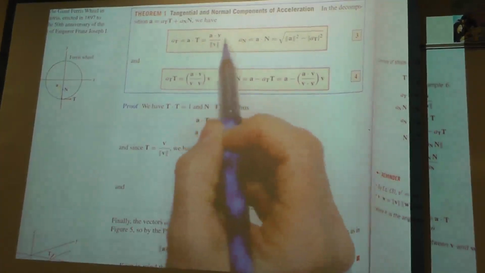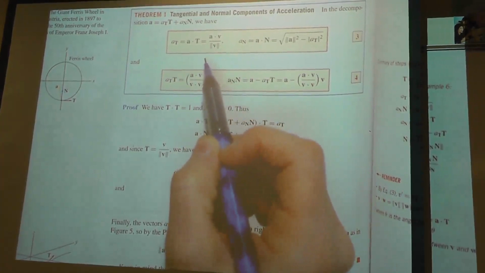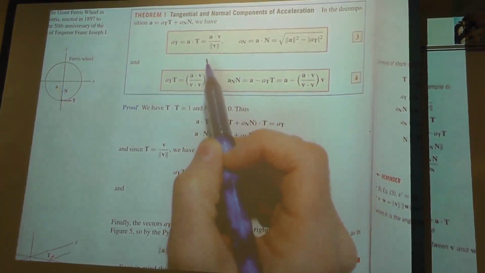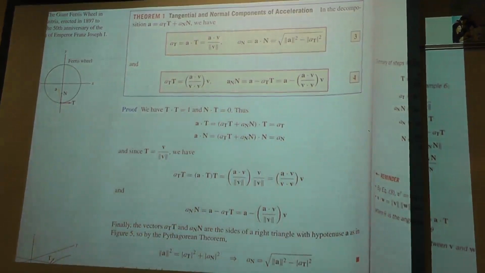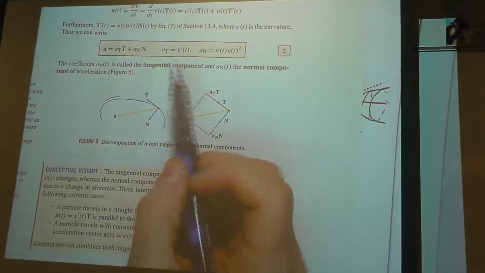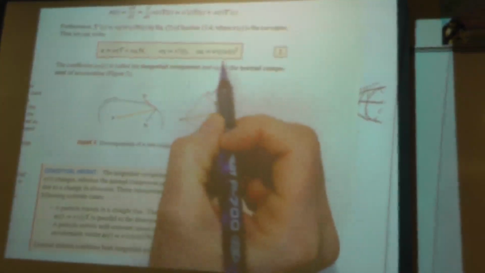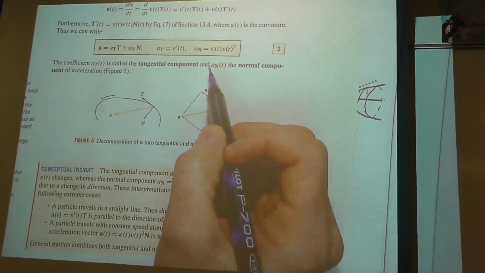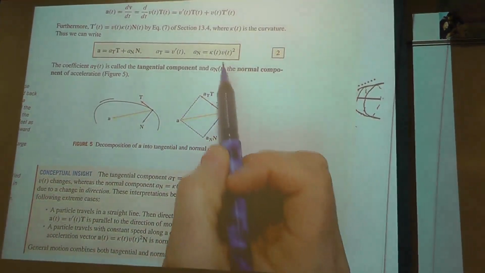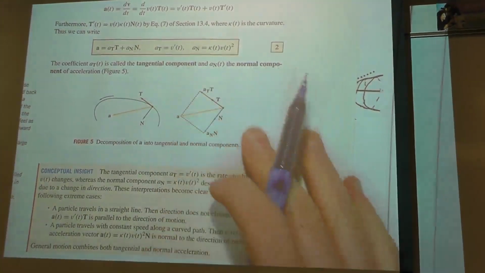These are vector formulas. They're probably easier to compute with, but like a lot of things that are easy to compute with, you don't get as much insight. Here, you may not have the ease of computation, but you will get that insight as to how changes in speed and curvature affect the normal and tangential components of acceleration.